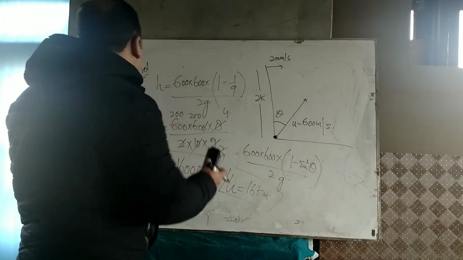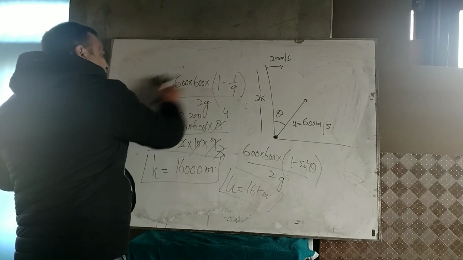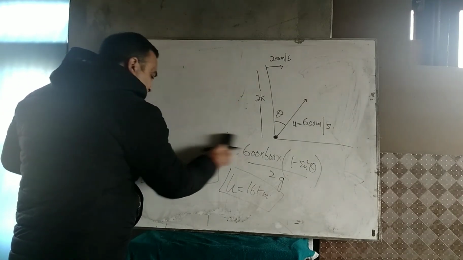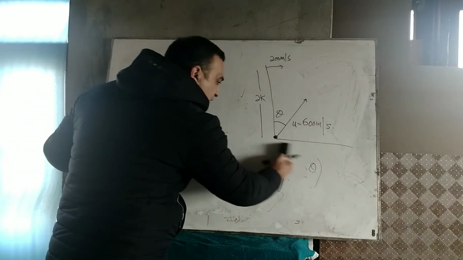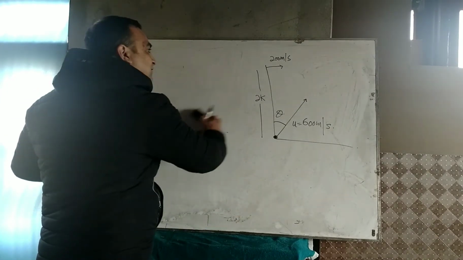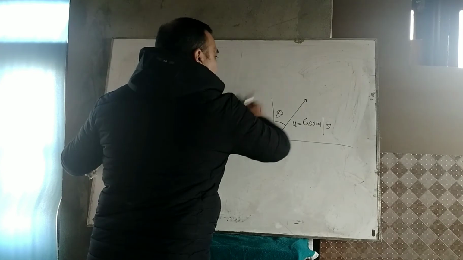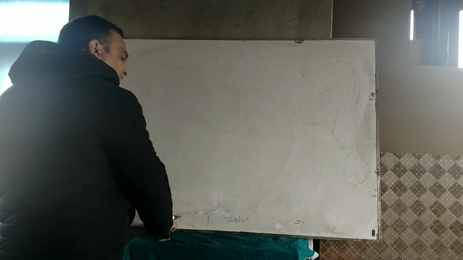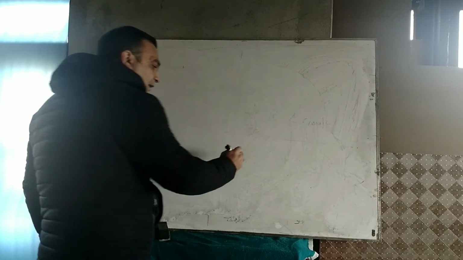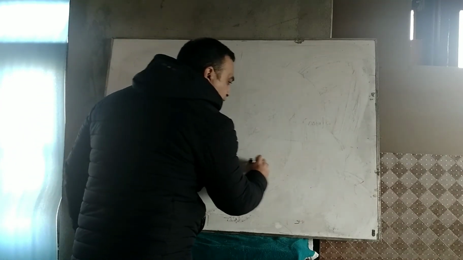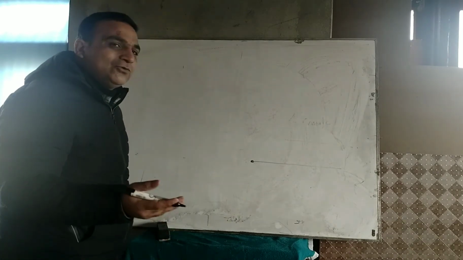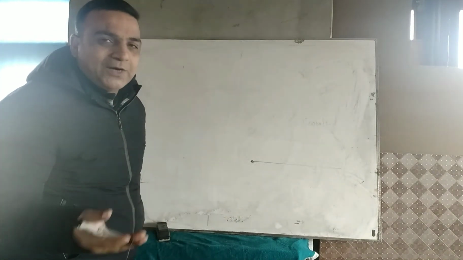Now let's go with the next problem. The next problem is very interesting, and it involves a very good concept of physics as well. The problem is that someone has to shoot, say anything, maybe he has to shoot a ball. Let's use a ball, we don't want bullets to be shot.